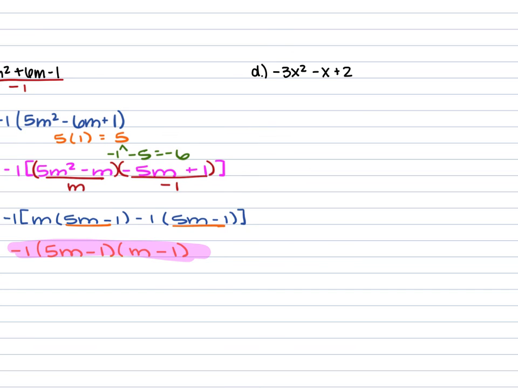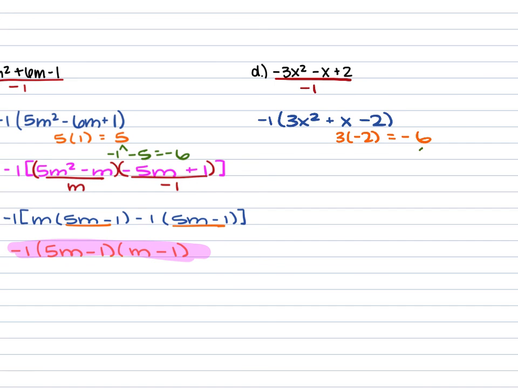For our last one, example D, we have negative 3x squared minus x plus 2. Again, we're going to start this one by factoring out a negative 1. This leaves us with negative 1 times 3x squared plus x minus 2. From here, you want to multiply 3 times negative 2. We get negative 6.